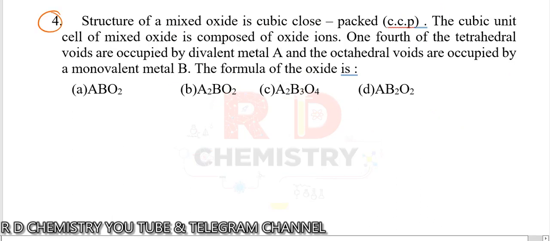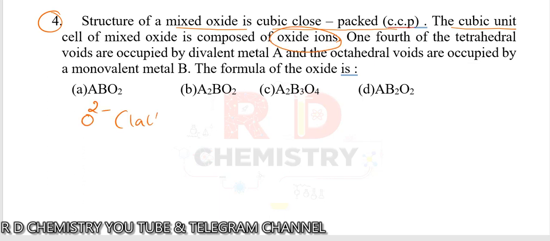Question number 4. The structure of mixed oxide is a CCP, cubic close packed. The cubic unit cell of mixed oxide is composed of oxide ion. Remember student, oxide form the lattice here.